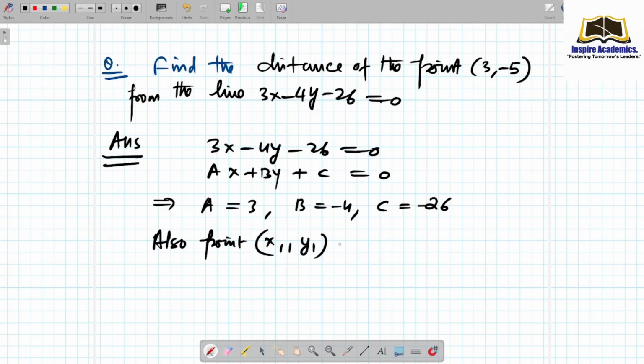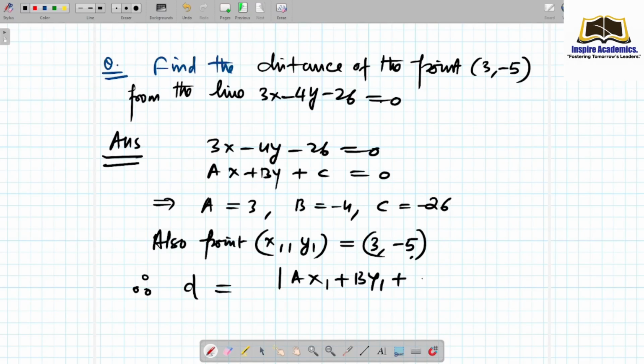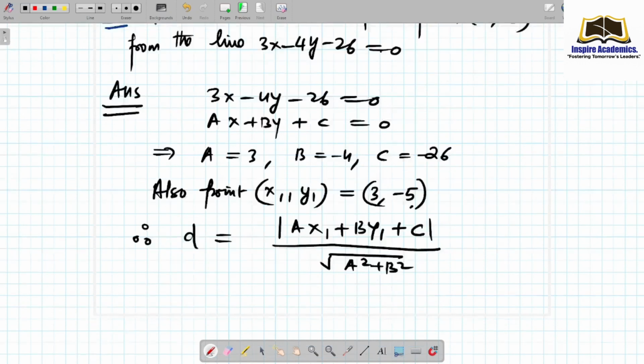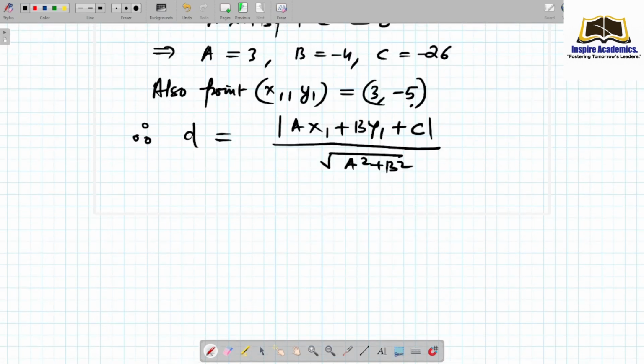If you do it this way, you will never make a mistake. Now therefore d is mod ax1 plus by1 plus c upon under root a square plus b square. Do you agree? Once you do this, you hardly have any issue. You will never ever make a mistake.